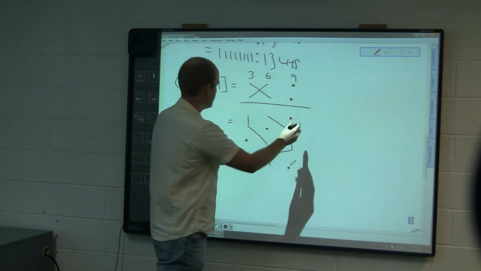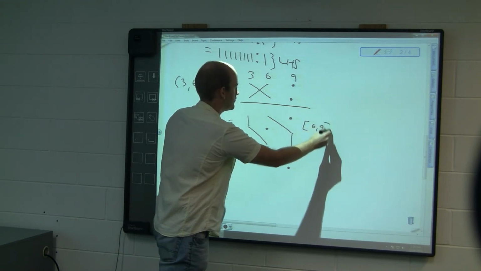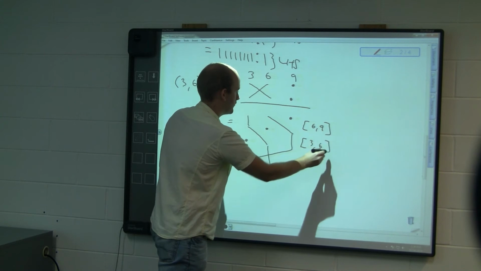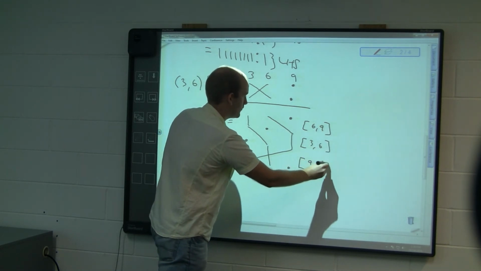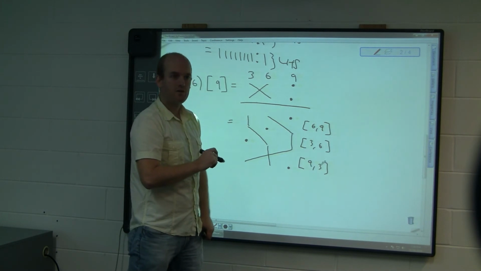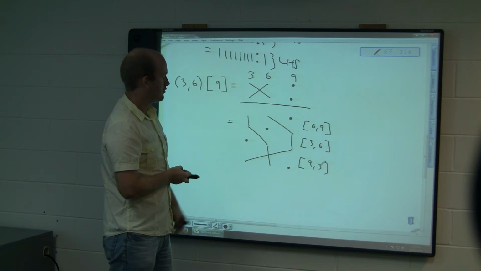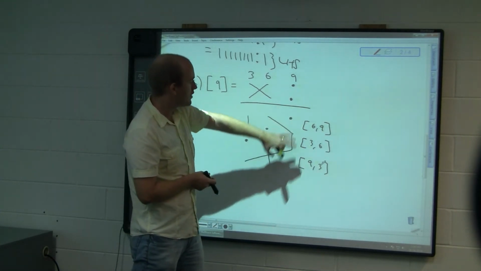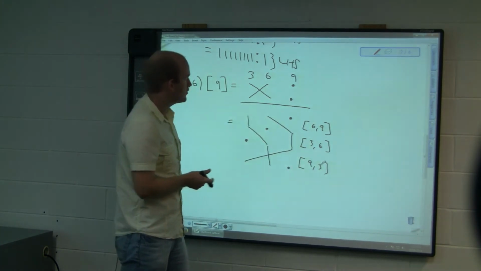So this is 6, 9, 3, 6, 9, 3. So back in that original product of transpositions and 2 trails, I could replace the transposition by these 3 things if I felt like it.